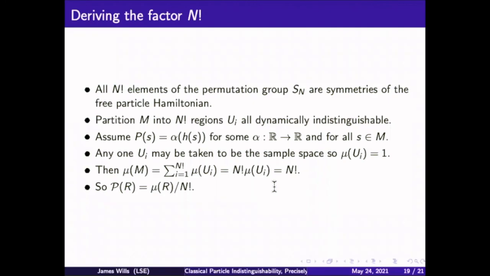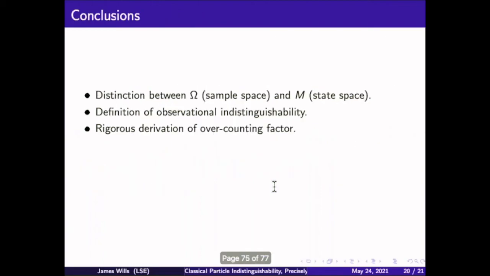So this concludes my main argument and all of my points. Let's just head straight for the conclusions and illustrate what I've shown you. Key to my analysis here has been the distinction between omega as the sample space and M, the state space. I see omega as being constrained by observables.